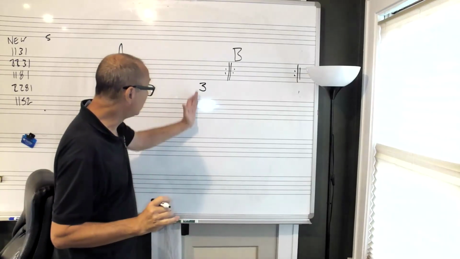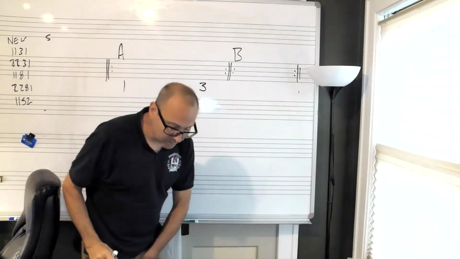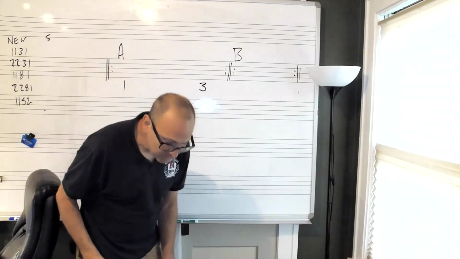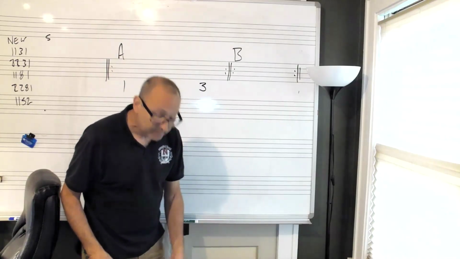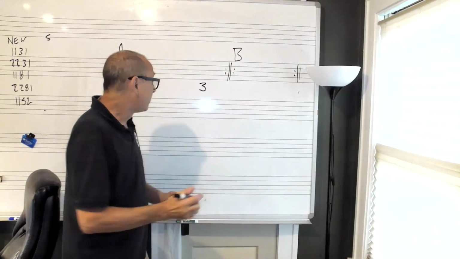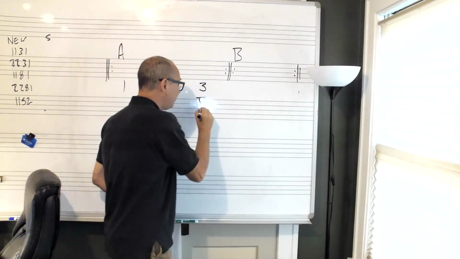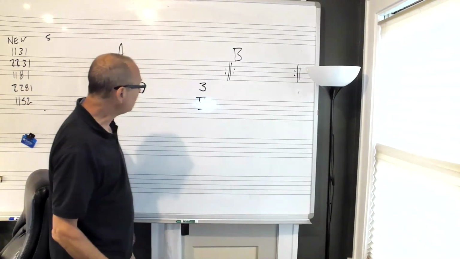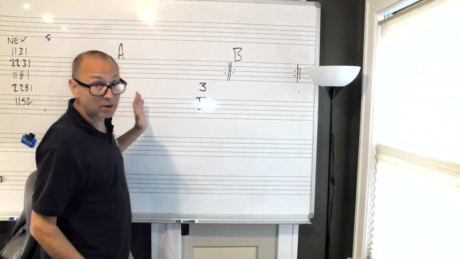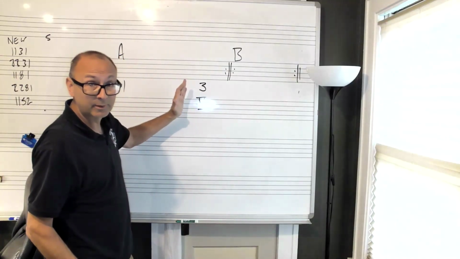So we're going to look at the third measure, and we notice that there's a B major chord there. Now we're in the key of E, and so we mark in that the cadence here is on 5. We don't have to know where it starts, we just have to know where it ends.